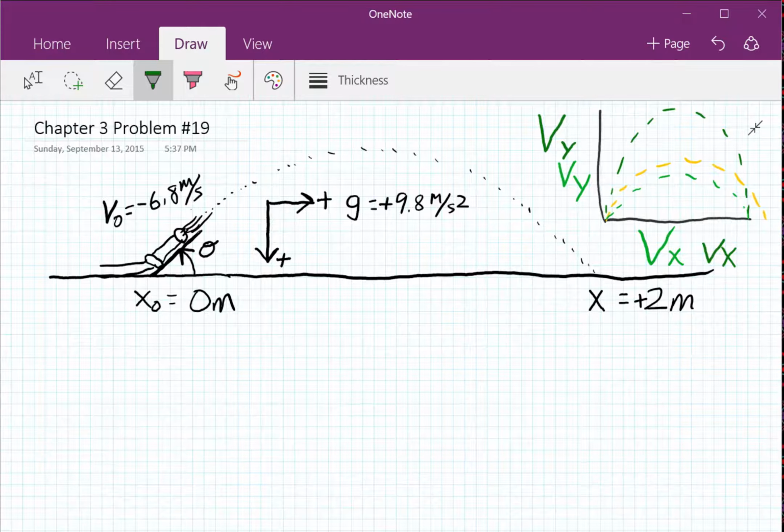This is actually the reason for the water traveling to the same range for 30 and 60 degrees. The horizontal velocity of this first green line, the lighter one, makes it so it's traveling further in the x direction for each second, but because the velocity in the y direction is smaller, it doesn't spend as much time in the air.